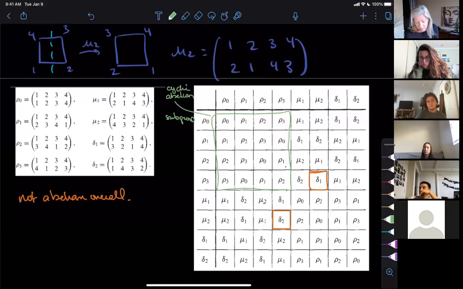There's other cyclic subgroups because of order 2. What would that be?